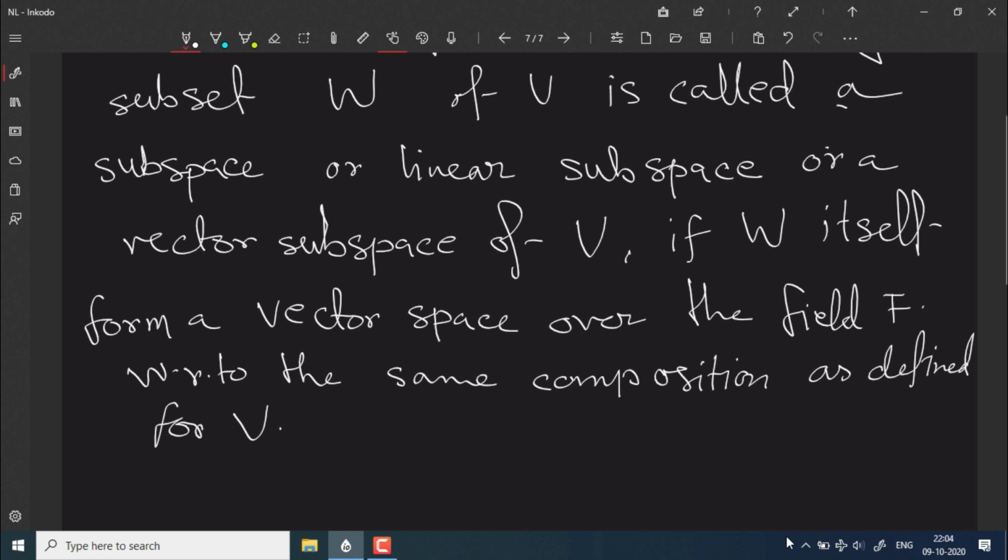If it can form one, then we consider it a vector subspace of V, right?